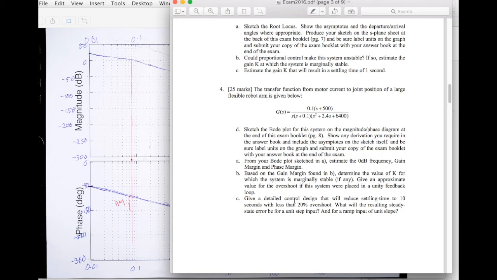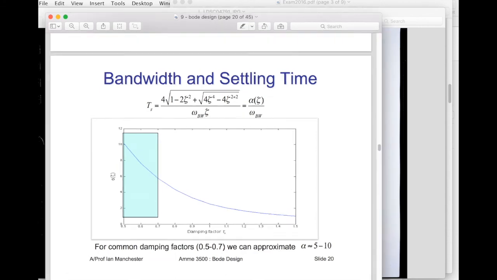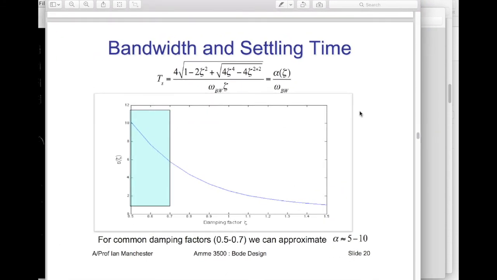Okay, so let's go back and we'll have a look now back at the lectures of Bode plot design. And so let's have a look at some of the characteristics that we want to satisfy here. So we want to, first of all, satisfy a settling time requirement and then satisfy an overshoot requirement.